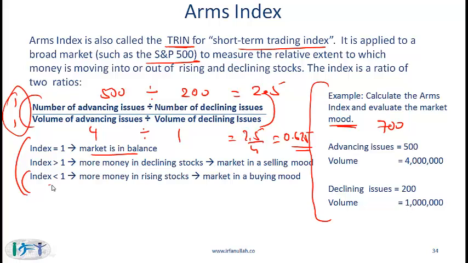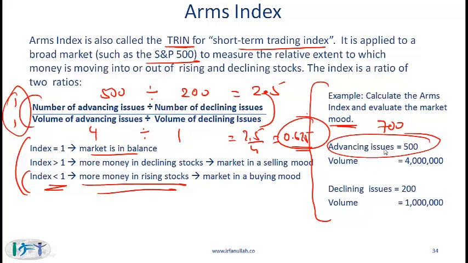If you have an index less than 1, which is what we calculated here, that means there is more money in rising stocks. And you saw that here. Advancing issues 500, volume is also very high. Clearly, there is more money going in advancing issues relative to declining issues. So the market is in a buying mode.